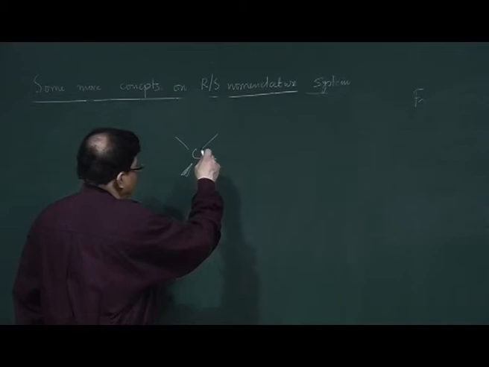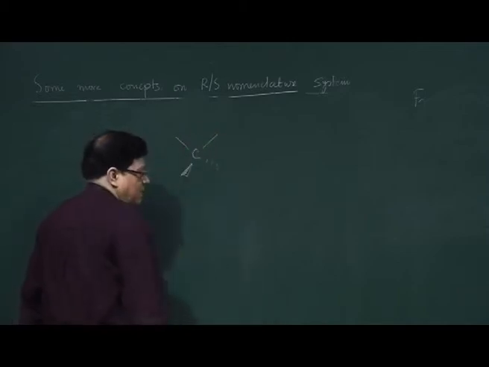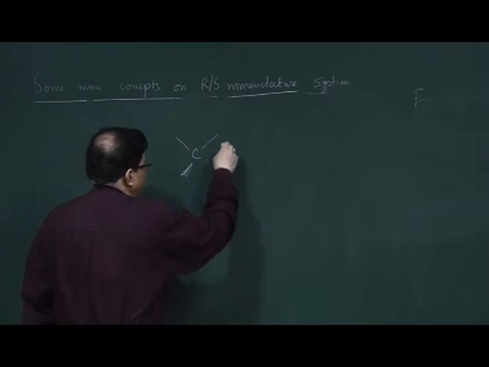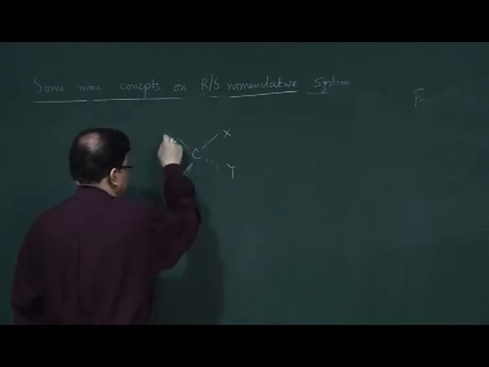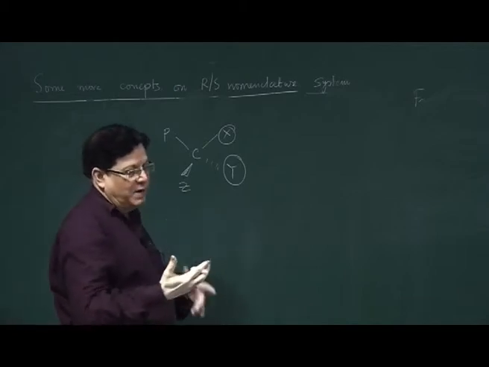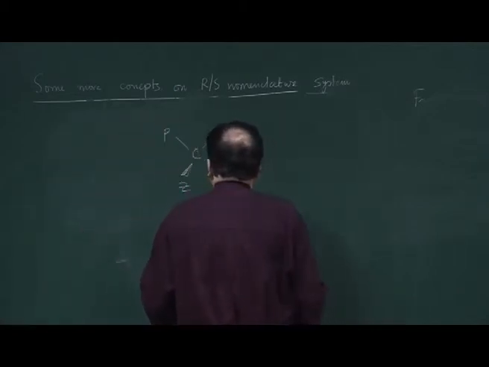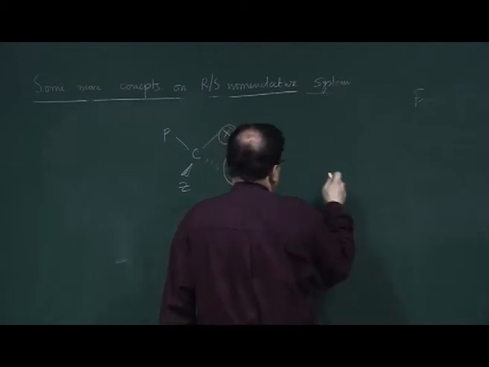So, here all the 4 groups are attached to a single carbon, and if you interchange any of these 2 groups, suppose this is X, this is Y, this is Z and this is P, if you interchange the position of X and Y, you get a stereoisomer. Okay. In case of allene or biphenyl, what happens? You have an axis.